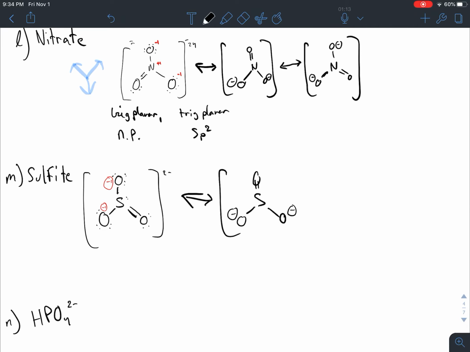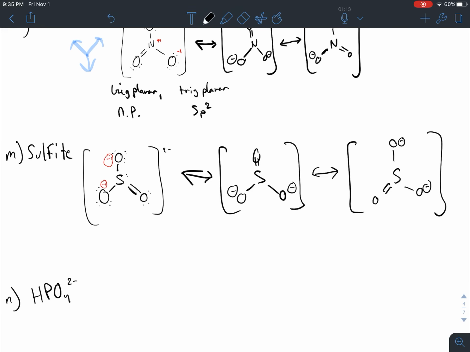And like I said, if you don't want to draw the lone pairs, at least draw all the charges. In fact, always draw the charge on an atom in the Lewis structure. That's it. Okay.